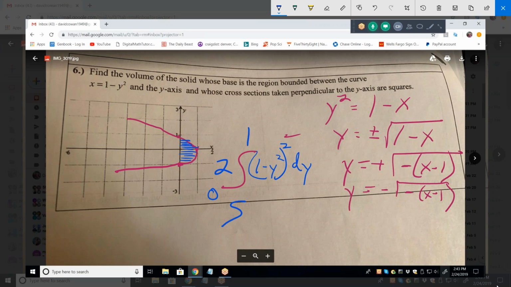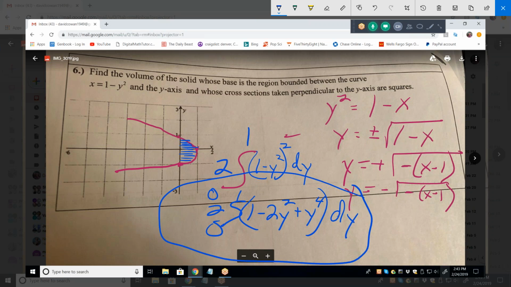In other words, I'm going to get 1 minus 2y squared plus y to the 4th dy. I think that's what happens if I FOIL that out. And now each one of those is easy to integrate and evaluate. So that's going to give you your volume right there.